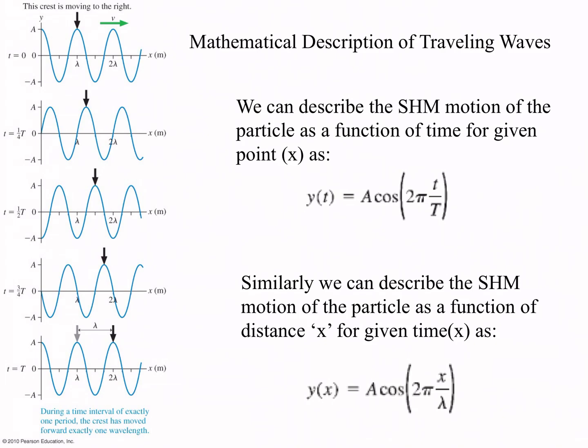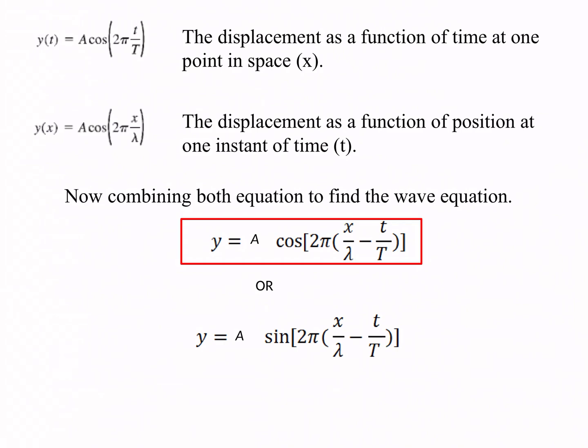And you can put these two together to describe the motion as a function of position and time together. And you have a choice. You can use sine or cosine. We're going to use cosine, but it doesn't really matter. They're just offset by a half cycle or quarter cycle.